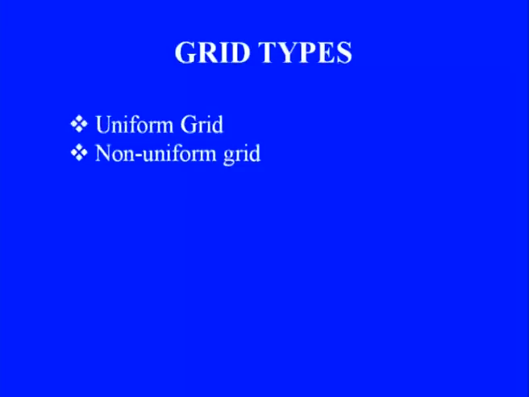Next, let us have a look at grid types which we would normally encounter, which are fairly frequently used in finite difference approximation. We can have what we call a uniform grid, and if the grid is not uniform, we would call it simply a non-uniform grid. So, what do we mean by a uniform grid?